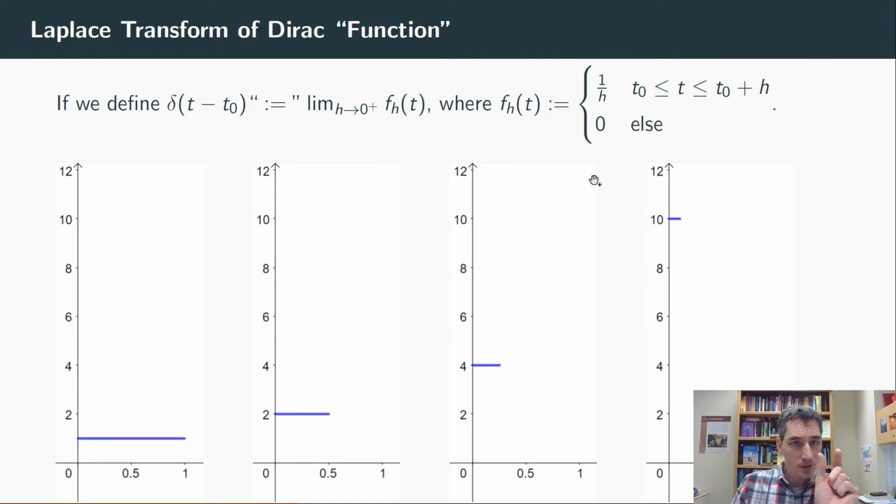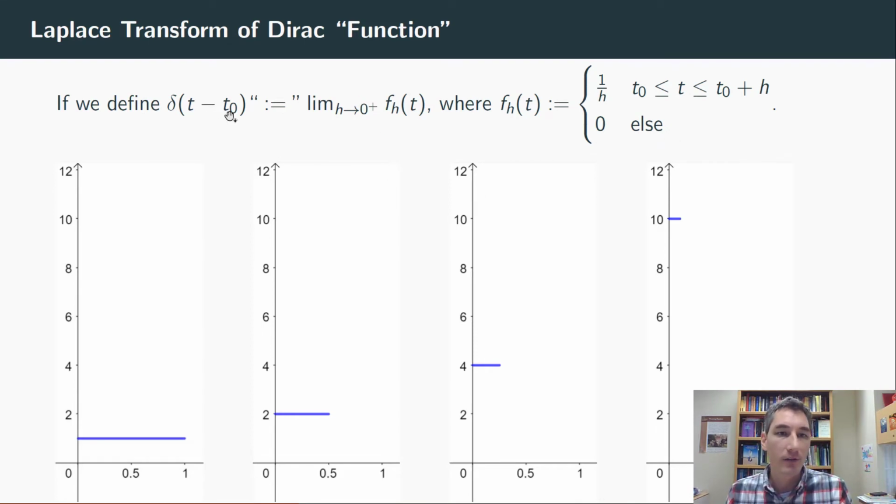But as h shrinks smaller and smaller, that force gets stronger and stronger, but over a shorter and shorter amount of time. So the total net acceleration is constant at 1 unit, but the time in which that acceleration occurs is shrunk down to 0, and in the limit becomes actually 0. And so this Dirac function is really the limit of these.